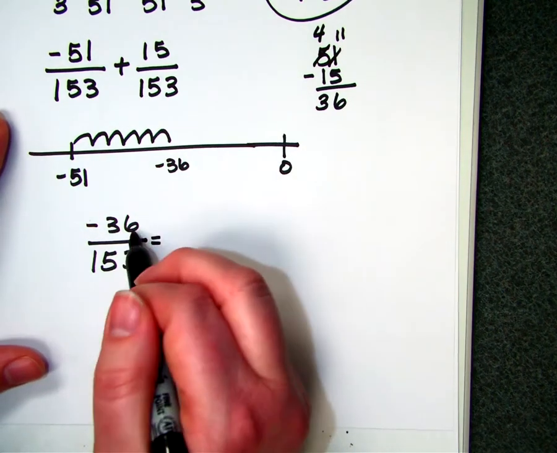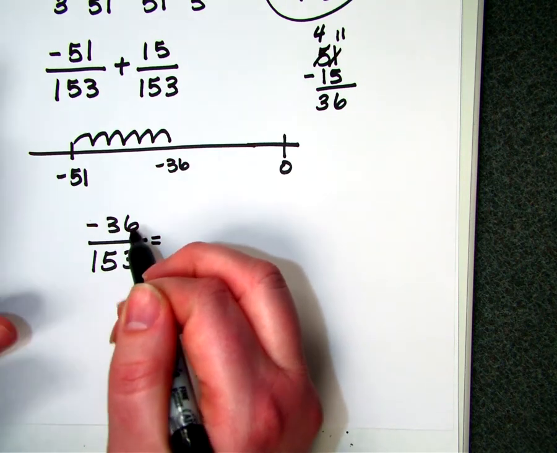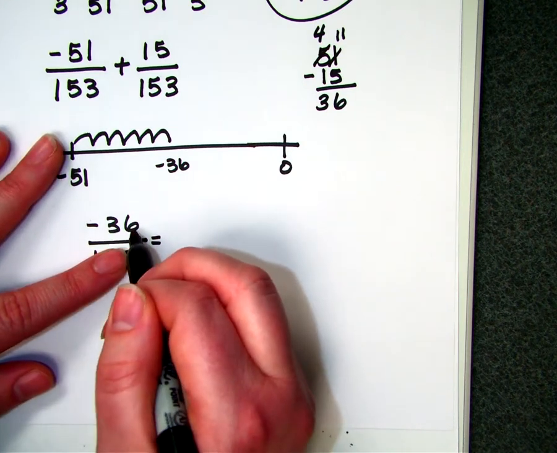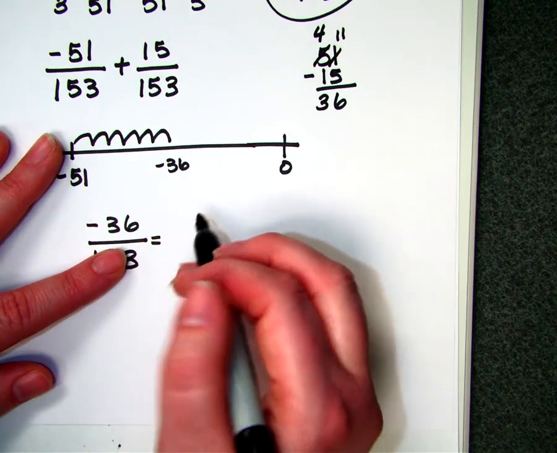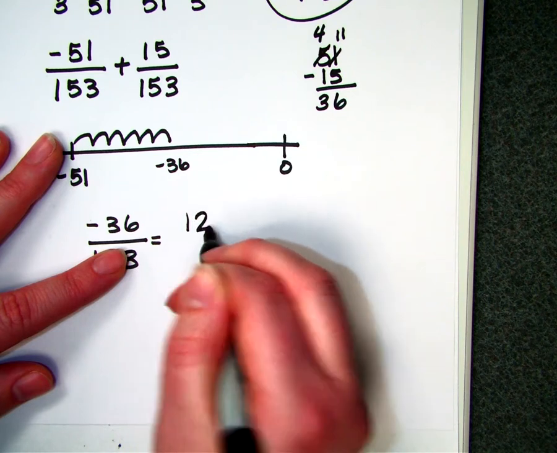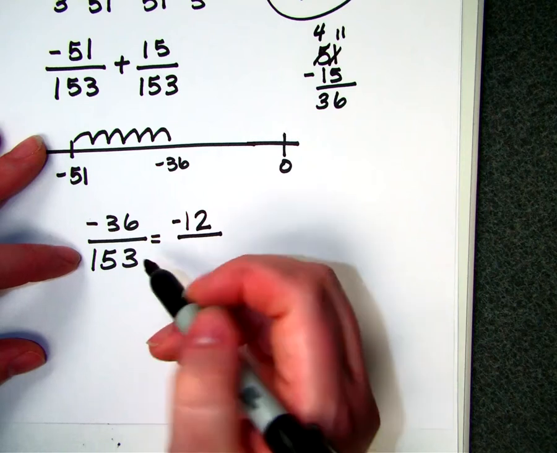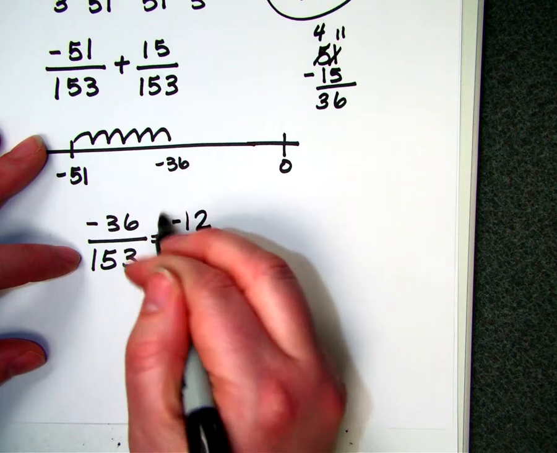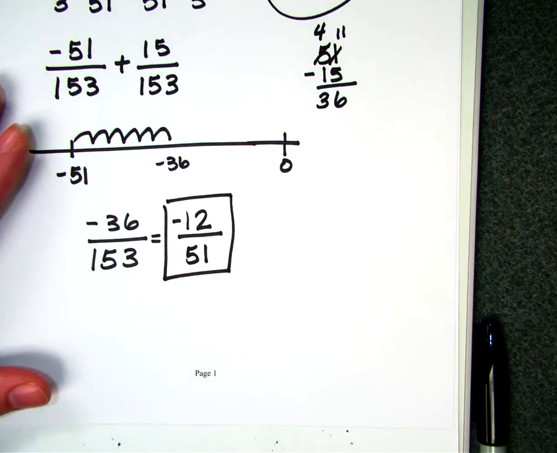I know that because if you add the digits together and that digit is divisible by 3, this entire number is divisible by 3. So 3 plus 6 is 9. 9 is a number divisible by 3, so 36 is also a number divisible by 3. If you divide 36 by 3, you're going to get a negative 12. And if we do 153 divided by 3, we're going to get 51. So our solution to this problem is negative 12 over 51.